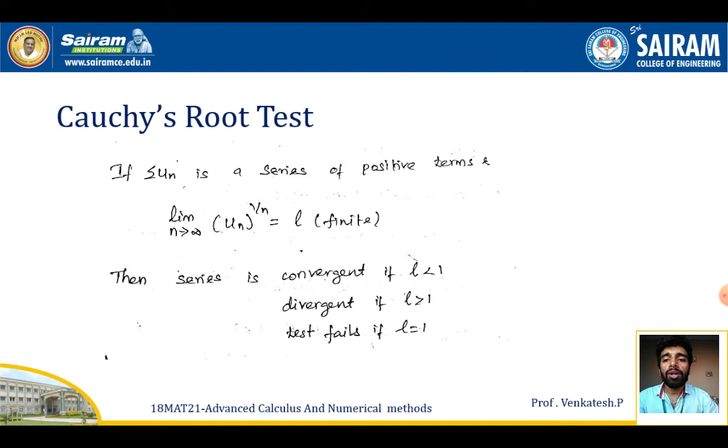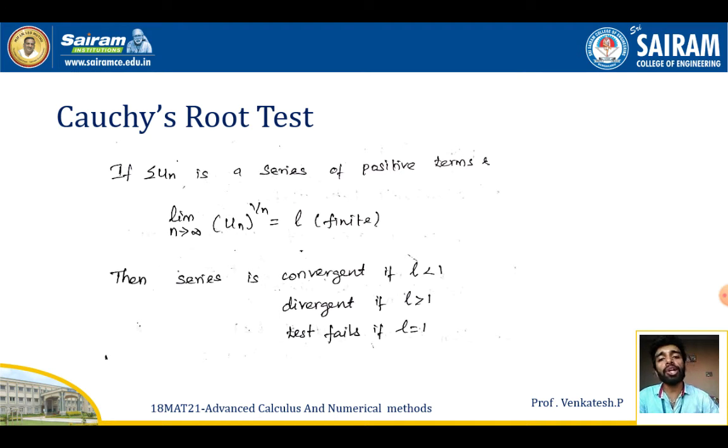We already know how to apply Cauchy's root test. If the function un is expressed in terms of powers of n, then we can directly apply Cauchy's root test here. Let me state the formula once again.